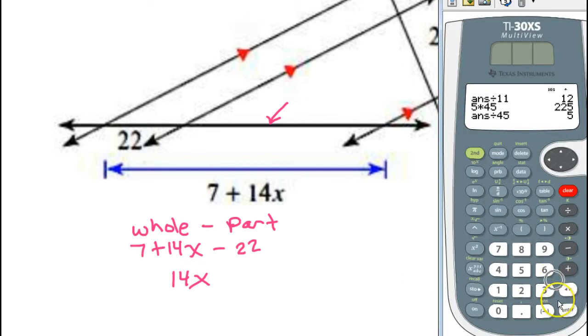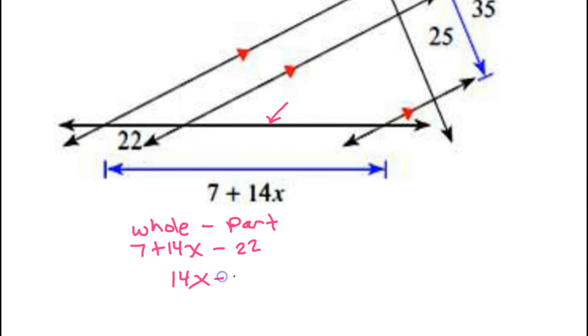You should be able to do this in your head, but just in case you can't, I'm just showing you that you could type it in like this. Well, it's probably just better just to do 7 minus 22. Okay, so that will be negative 15. So I've got minus 15.